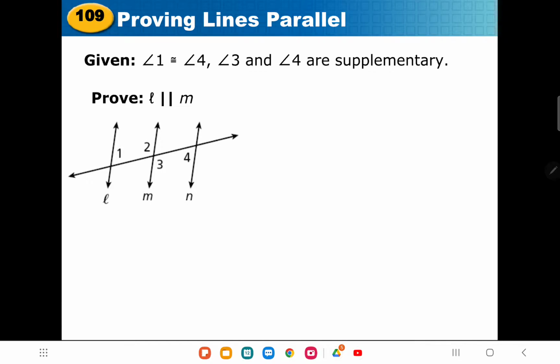Here we have angle 1 is congruent to angle 4, and angles 3 and 4 are supplementary. Now, just a quick notice here, as you make your plan for proof, you might want to notice to yourself 2 and 3 are vertical angles.